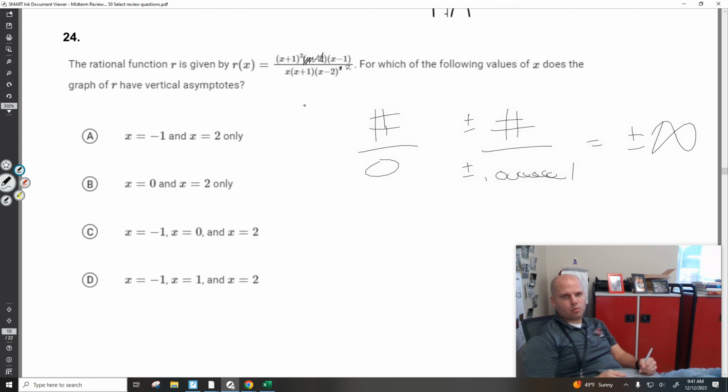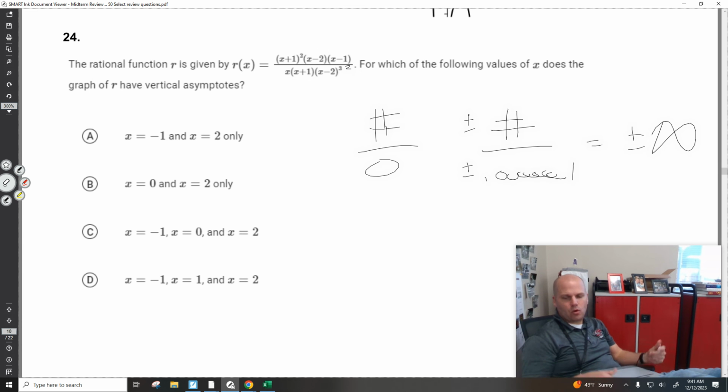X equals 2 is one. X equals -1 is not. If I plug in -1, I'd find that I'd have a hole. I have 0 over 0. It's tough to see.